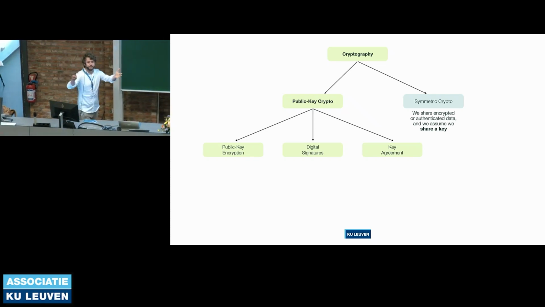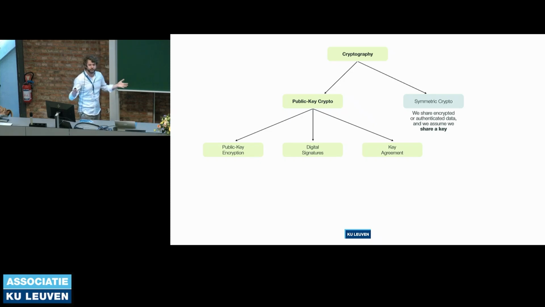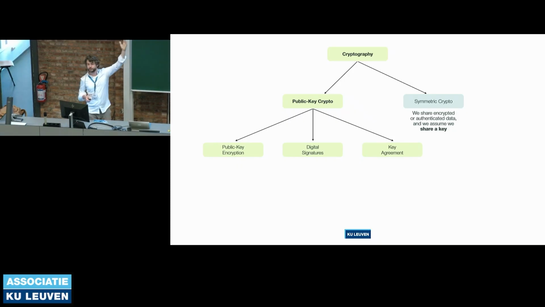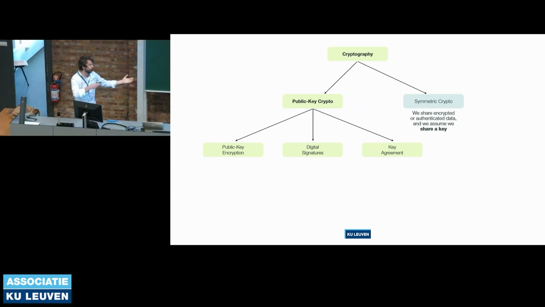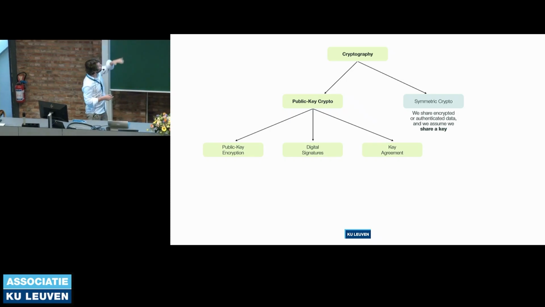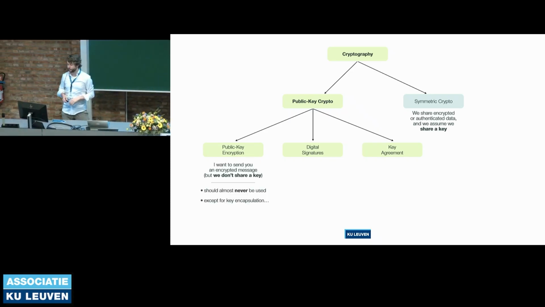I imagine that if you look to the person to the left of you, you are not accidentally sharing a cryptographic key at the moment, right? And the way to achieve that is with public key crypto. And we'll go over 3 domains in there. One is public key encryption, which is the slide you saw before. Encrypting with one thing and decrypting with your secret key. One is digital signatures, and the last one is key agreement.